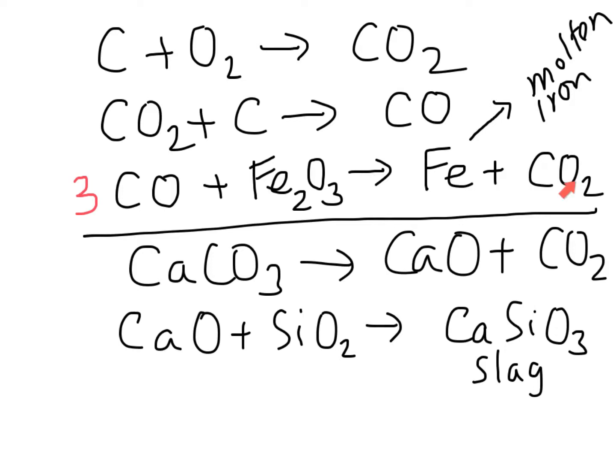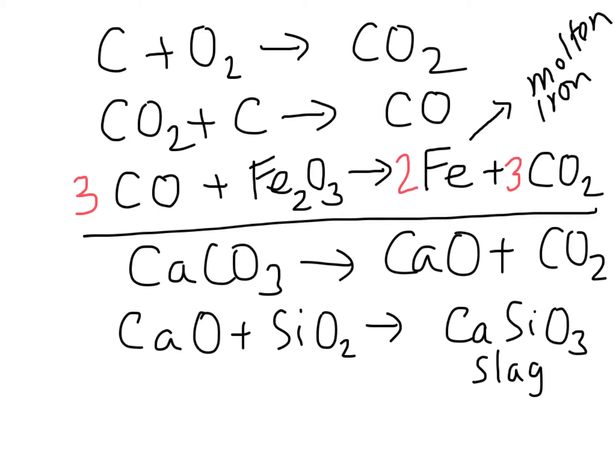So it will be easier to convert this into 6. So by just putting a 3 here, that becomes a 6. So the oxygen is balanced now. All you have to balance is the iron atom. So I can do that by putting a 2 here. So iron is balanced now.